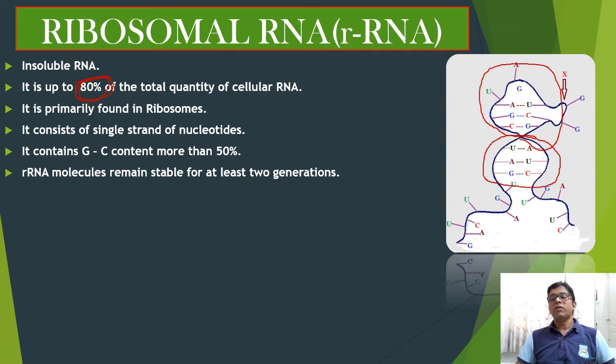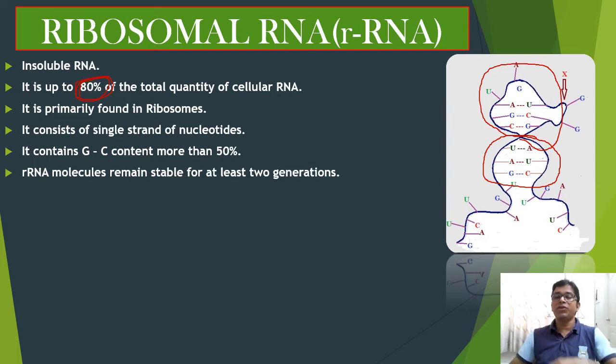Pseudo helices are formed due to the folding of the single strand of polynucleotide chain in rRNA, where nitrogen bases show complementary base pairing.